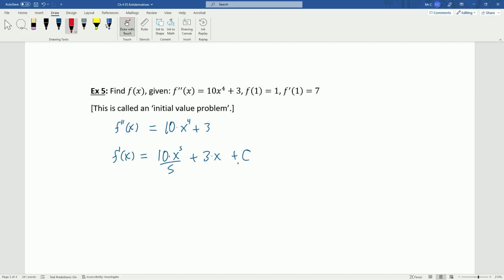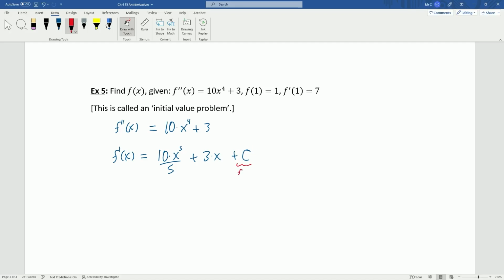I say usually, but if we're dealing with polynomials, we're definitely going to see that this c is going to take on a specific value. So which value is that? Well, that's f prime of 0, because when I plug in 0 here, what do I get? I get 0, and all that's left is c.